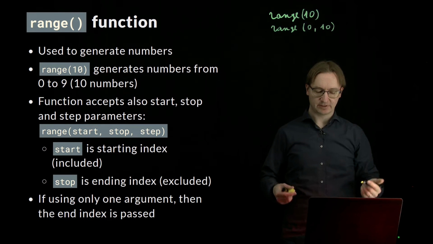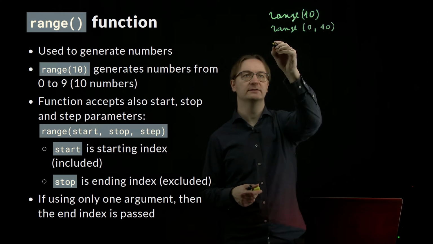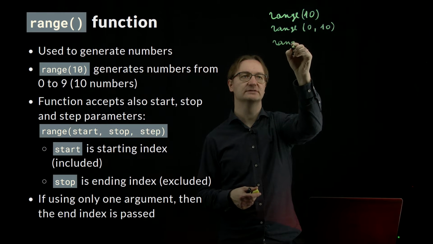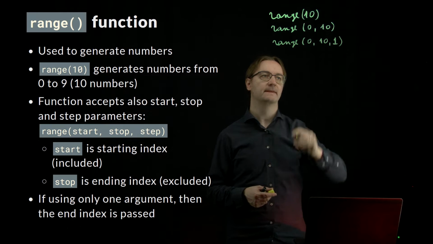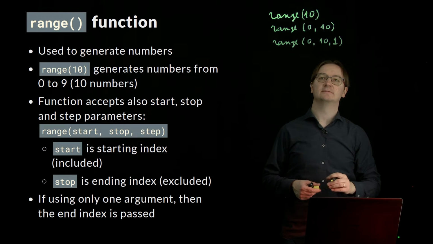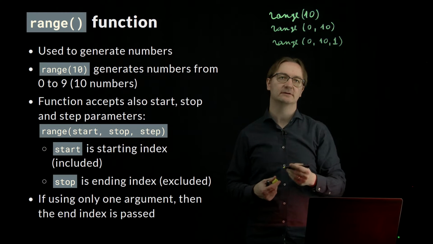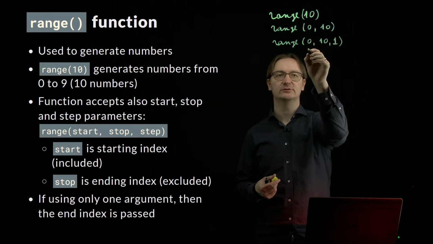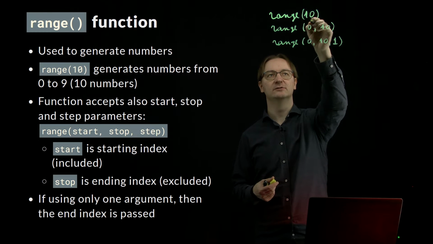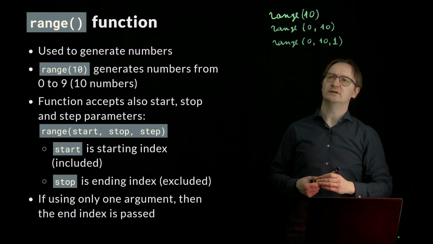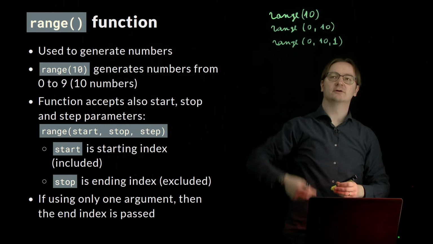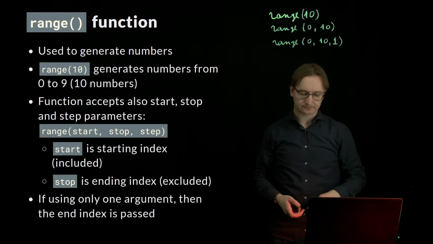And also the step, the default value for step is 1, so this is also the same as writing range 0, 10 and 1. But if we are happy with our default values, 0 and 1, then we can use only one argument. And often we do use it only with one argument.